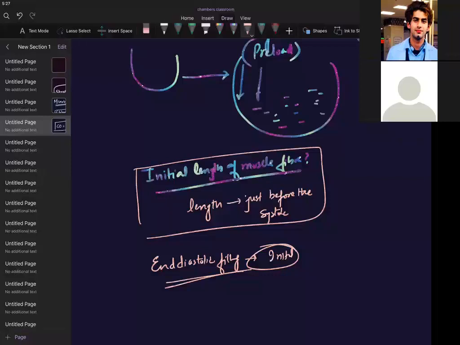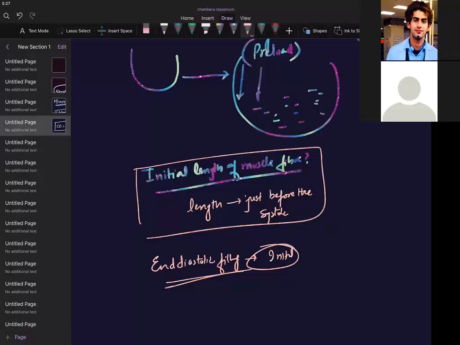Can I say heart is having its own autoregulation? You are regulating the output. Why? Because you are making the heart accountable for all that is happening. Whatever stretch you are producing, whatever end-diastolic filling you are doing, that is actually determining the stroke volume.